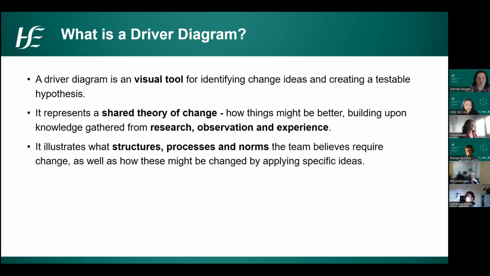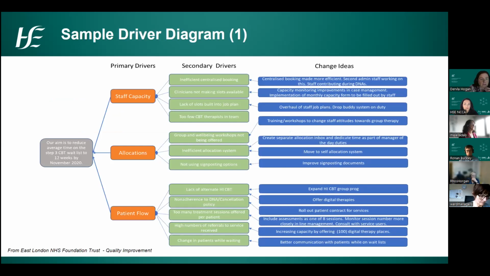And it illustrates what structures, processes, and norms the team believes require change, as well as how these might be changed by applying specific ideas. So it allows you to have a range of change ideas, some of which you may not be able to complete due to where your power or influence is, but there are a number of ideas that allow you to build up and to make incremental changes. So that's just an example of a driver diagram.